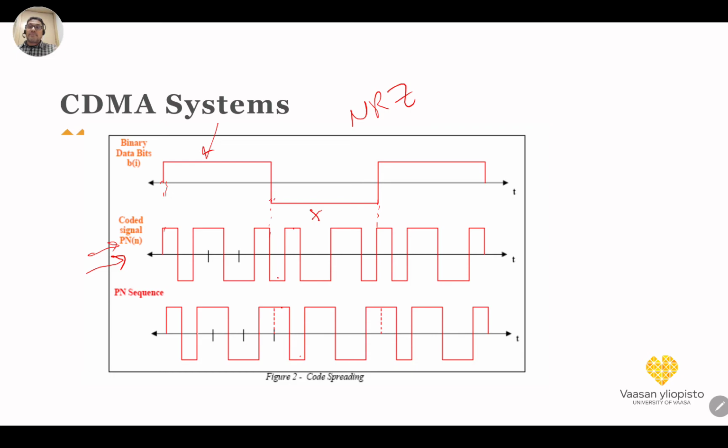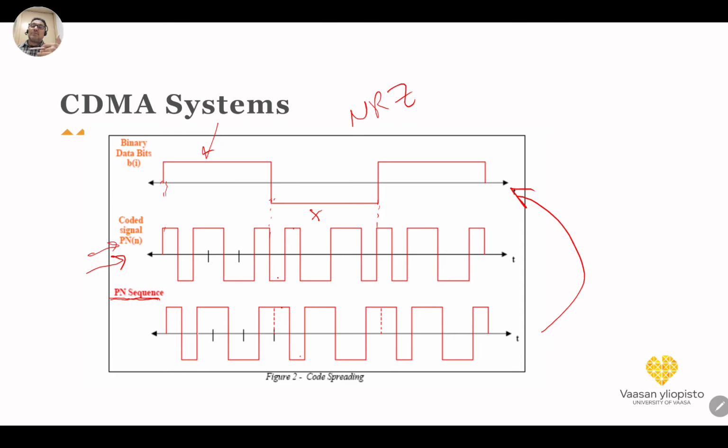That's it. So it is just a multiplication of the binary data of the user with the non-return to zero coded signal. So we got the PN sequence, and this PN sequence is spreading the original signal. Now, how can you get back the information signal?